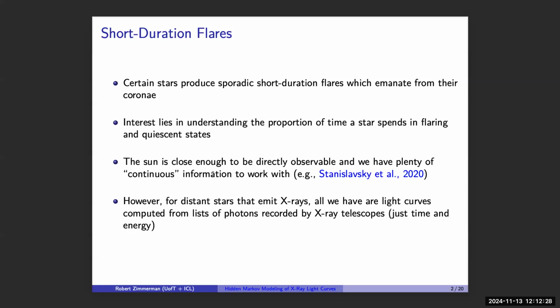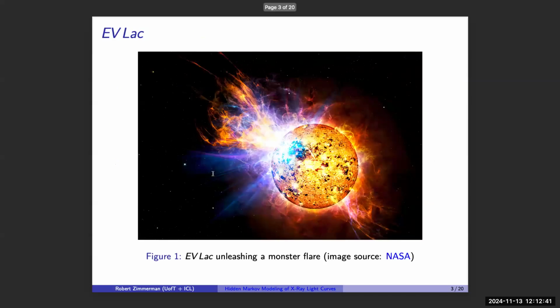But for the stars that we have, these stars that emit X-rays, all we really have are these light curves, which are computed from lists of photons recorded by our X-ray telescopes, which are just the time and energy of each photon. And our case study is this star, EV Lac.